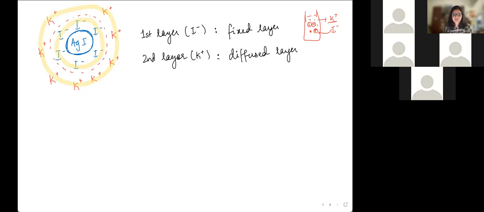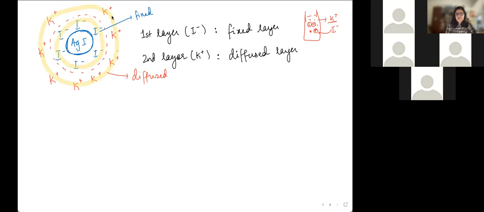If I had to color code it, the layer in blue where I minus is, that's the fixed layer. And the outer layer, the K plus layer, that's the diffused layer. Just the terminology that we use.